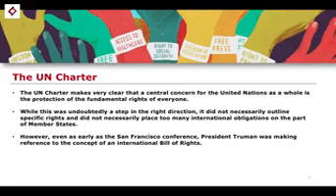And as early as the San Francisco Conference, President Truman, President of the United States at the time, was making reference to the concept that there needed to be an international Bill of Rights, in a similar sense that there is a Bill of Rights within the US Constitution, the Bill of Rights being the first 10 amendments to the US Constitution. Truman was making reference to this idea of an international Bill of Rights, a Bill of Rights that would apply to all members of the planet, or all members of the United Nations.